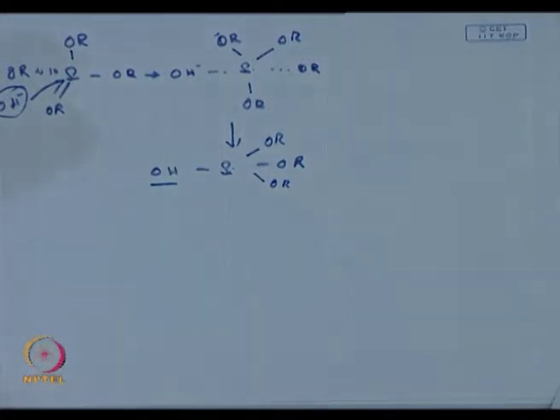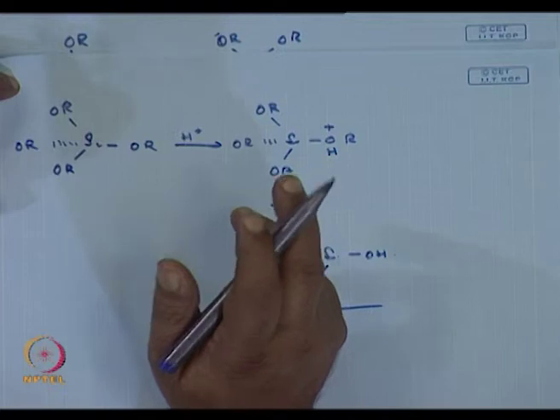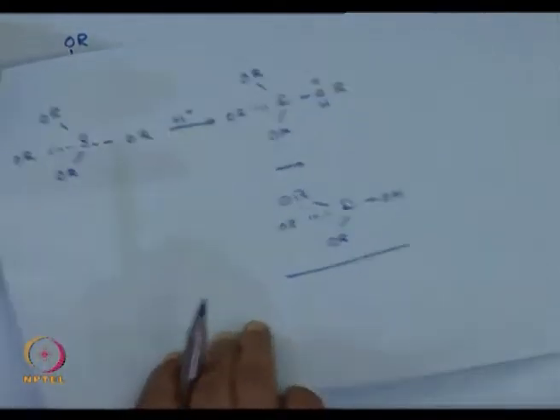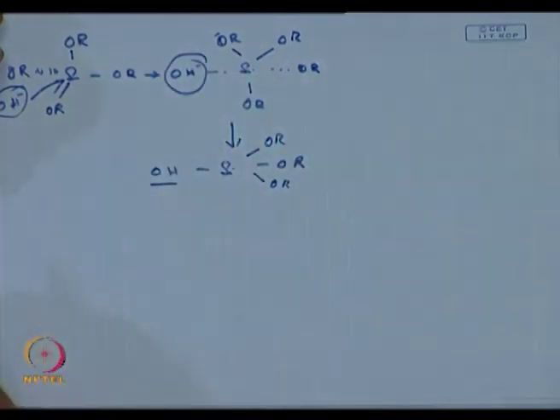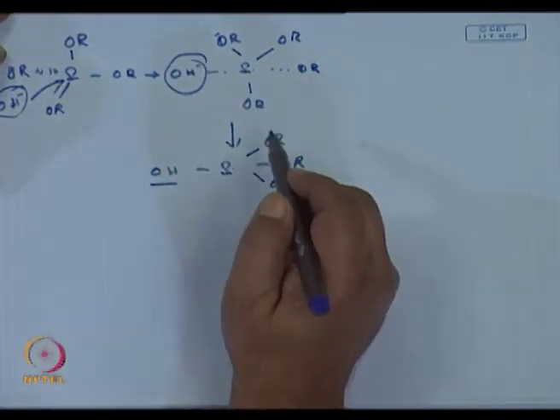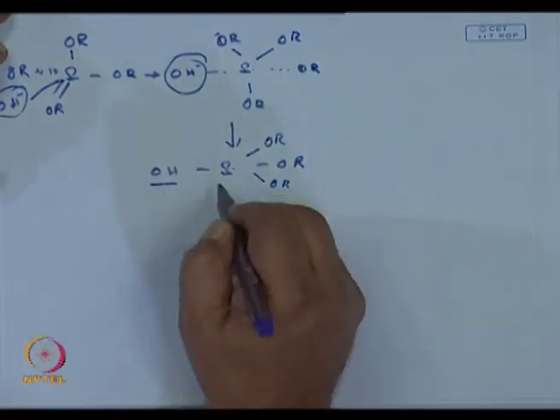This is a nucleophilic attack, it is a backside attack, and the acid hydrolysis is an electrophilic attack. Now, this was in presence of base. So, here the base has attacked from the backside and removed this.